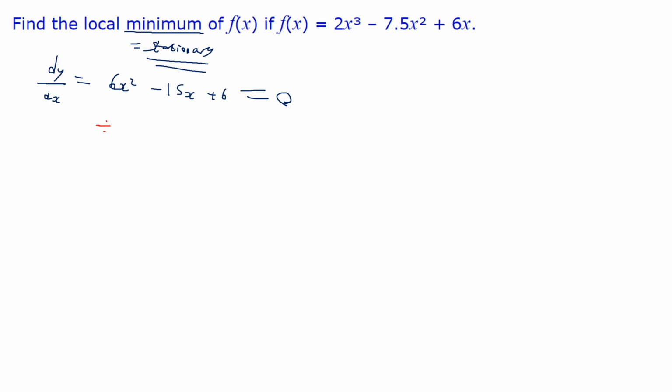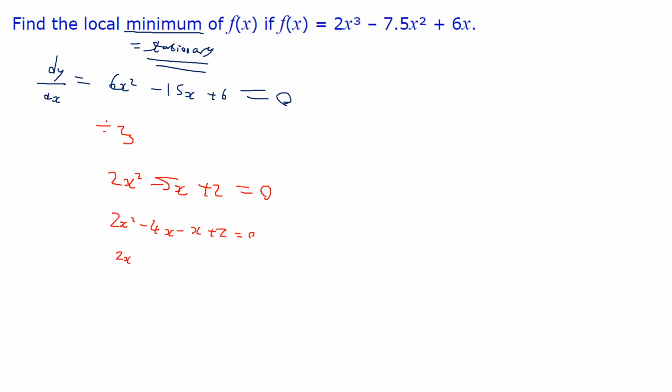First thing I'm going to do is divide by 3 so that we're left with 2x squared minus 5x plus 2 is equal to 0. What are two numbers that add up to make minus 5 but multiply to make 4? Minus 4 and minus 1, so we can say that this is 2x squared minus 4x minus x plus 2.